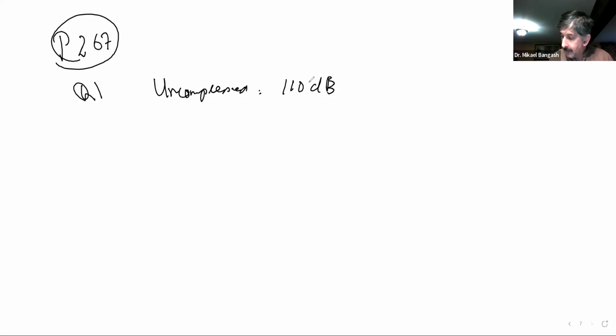Now what it says here is the signal undergoes 40 decibels of compression. So the compression is going to be 40 decibels. Clear? Now what is the dynamic range of the compressed signal?